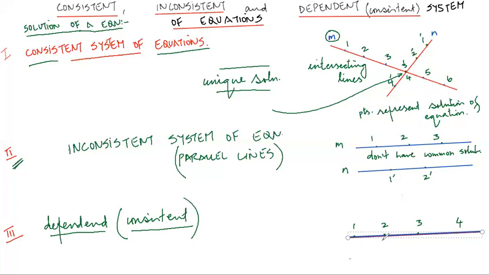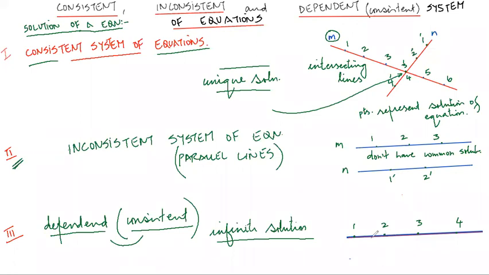How many common solutions do both the lines have? Can any student tell me how many common solutions they both have? So infinite. Beautiful. Infinite common solutions. All right. So this system of equations is known as dependent consistent. Means whatever are the solutions of one line are the solutions of the other line.